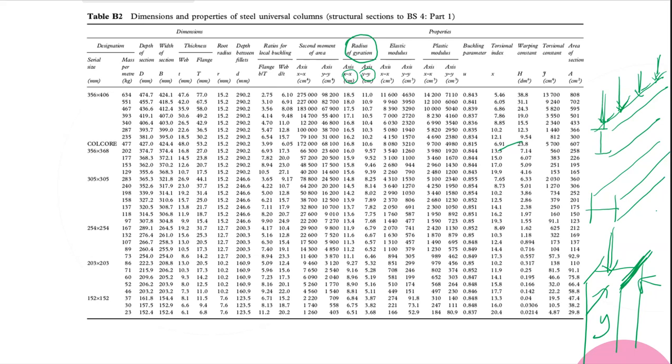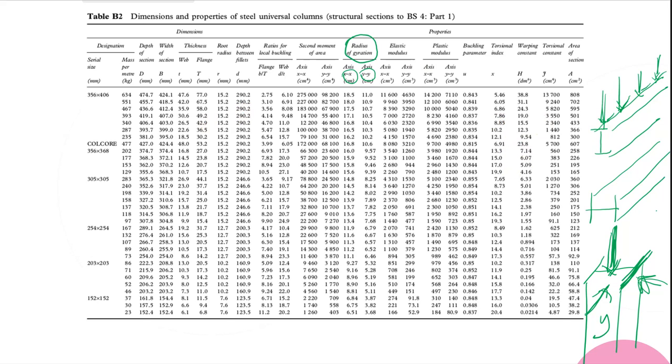This one is horizontal and this one is vertical. So when it is a vertical member, the force coming from above affects both the X direction and the Y direction. So that is the reason.